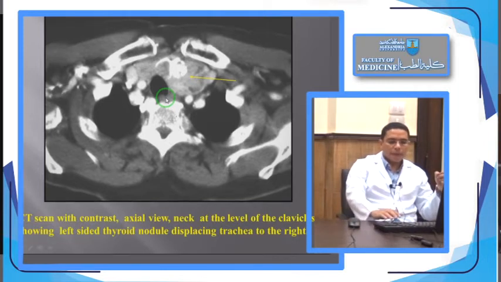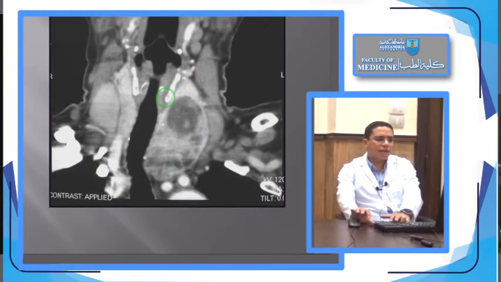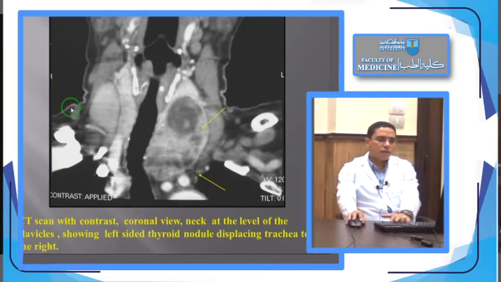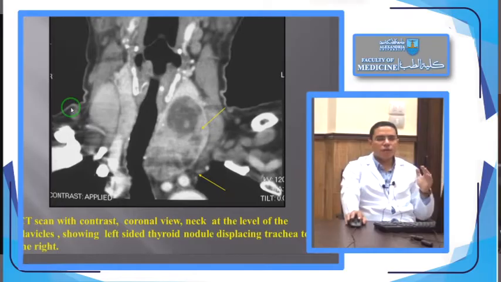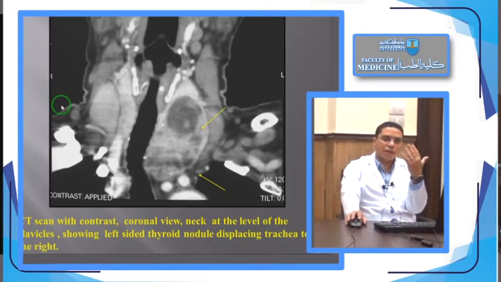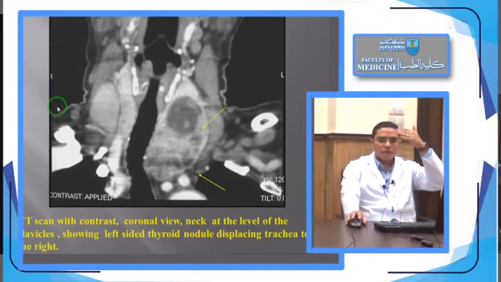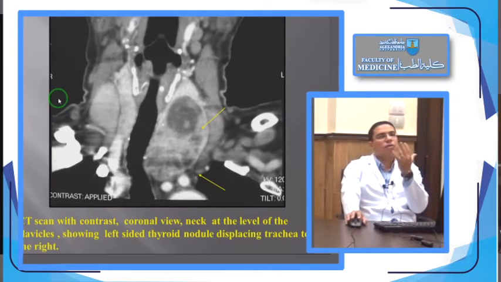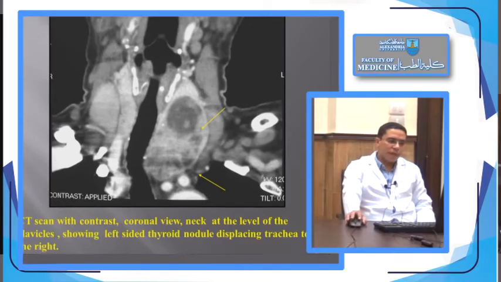Okay, this is the same study but with a different view. This view is called the coronal view. In the coronal view, you are looking at the patient from the front, anteriorly, and you take the cut looking at the patient from anteriorly.